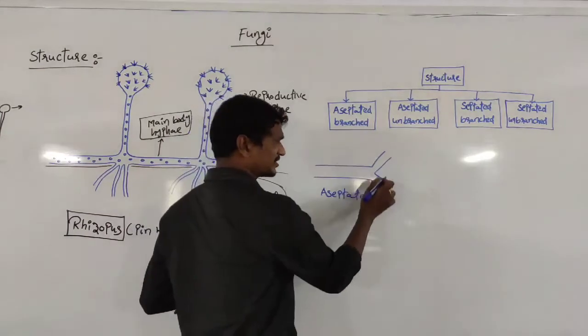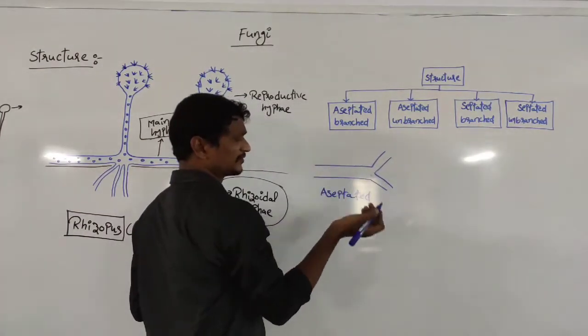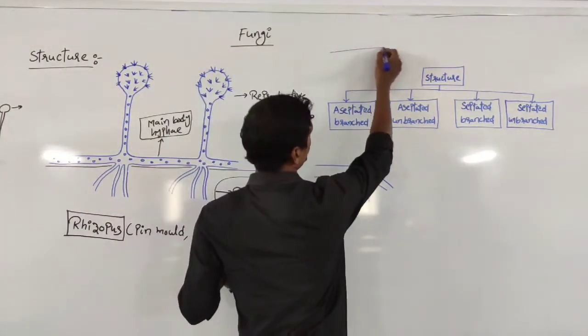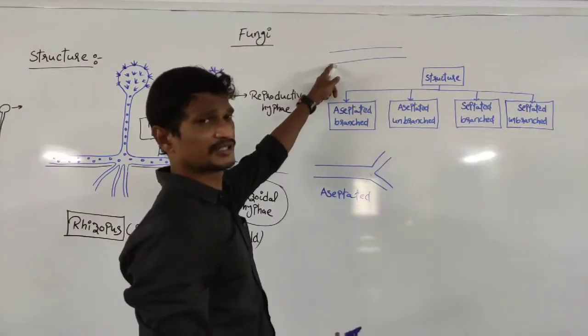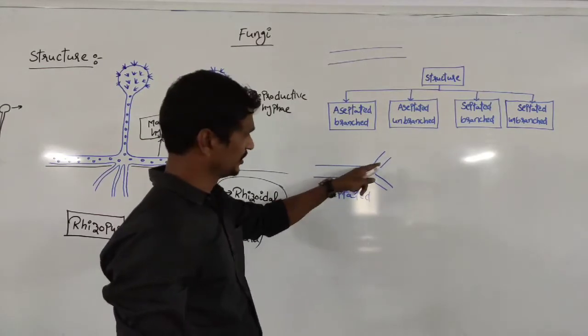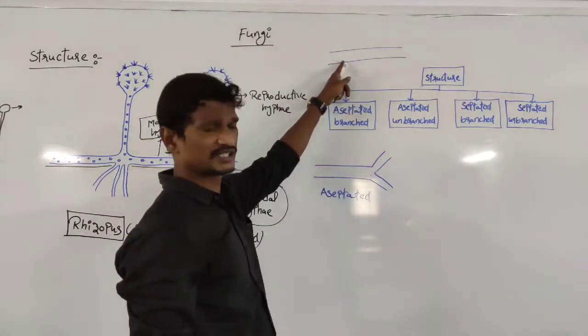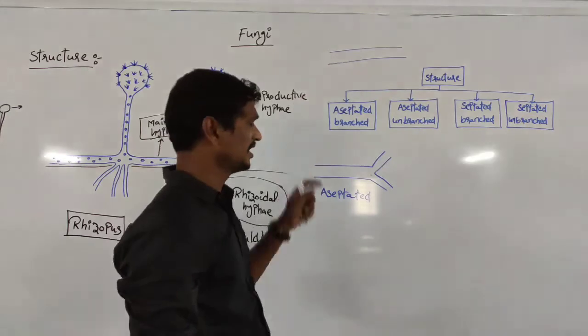And branched. Here branches are present. See the difference between unbranched and branched. This is the mycelium. This is unbranched, and this is branched. Here branches are present. Here branches are absent.